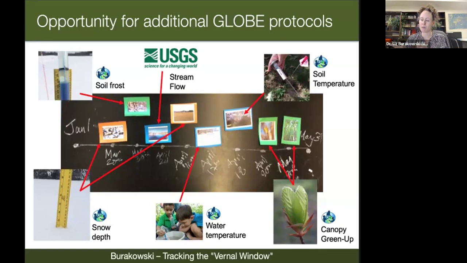So it just adds a little bit of uncertainty, but overall, given that the vernal window length ranges from about a month to 2 months, having a couple days at the end of each is probably perfectly fine, and you'll still be able to see those changes over time. But the more frequent, the better.